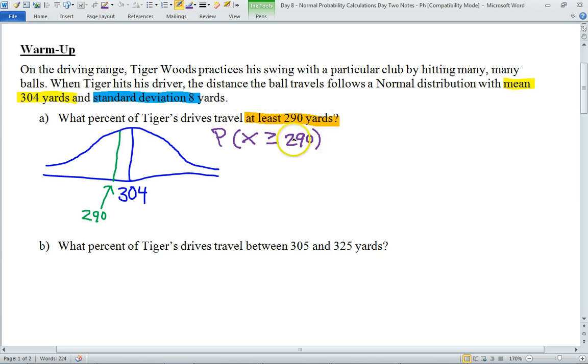Okay, at least means 290 or greater. So that's what we're looking for. So for that reason, am I going to shade the left or the right?